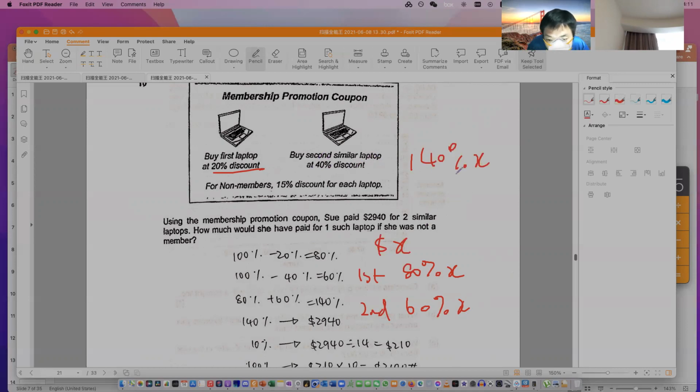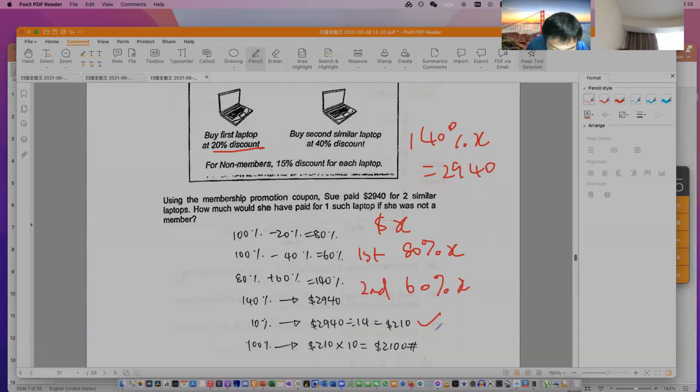So 140% X is equal to 2940. With this, you can figure out 100% is how much? So 100% is 2100.